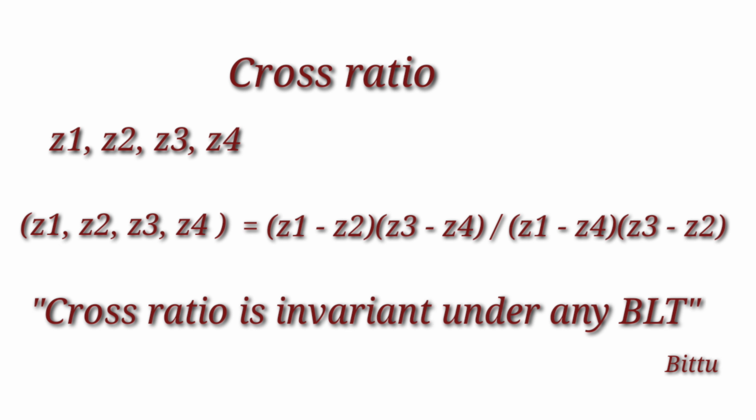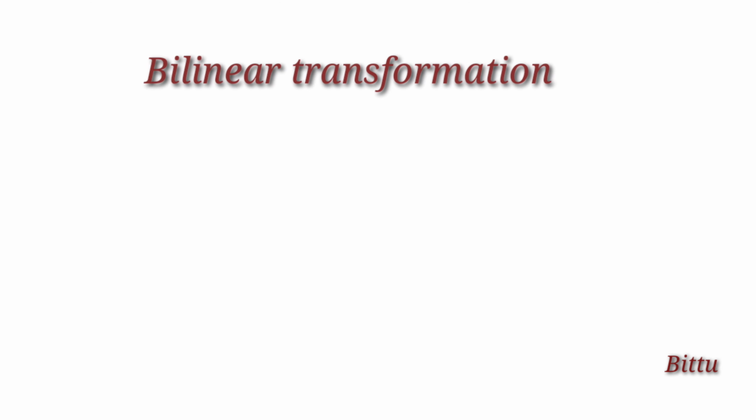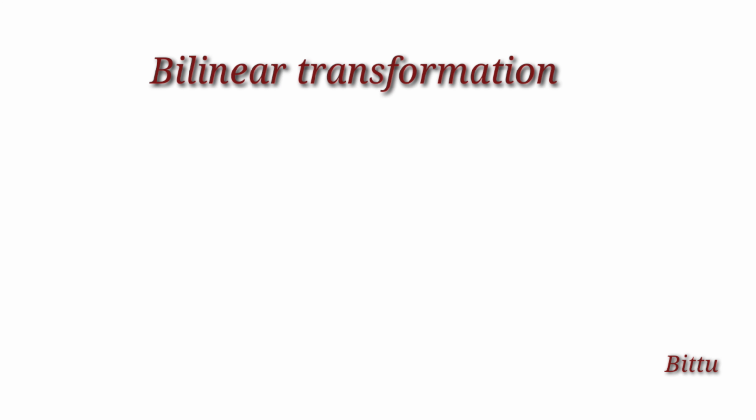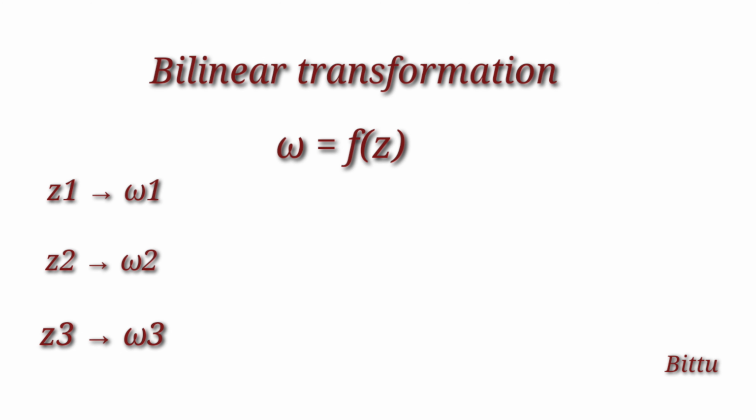Next, let me explain the method of finding the bilinear transformation when images of 3 points are given. So we have 3 points in the z plane and 3 points in the omega plane. Let omega equal to f(z) be the bilinear transformation which maps 3 points z1, z2, z3 onto omega 1, omega 2, omega 3. We know cross ratio is invariant under any bilinear transformation.